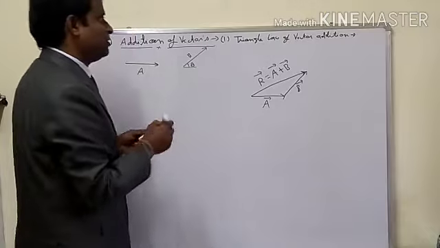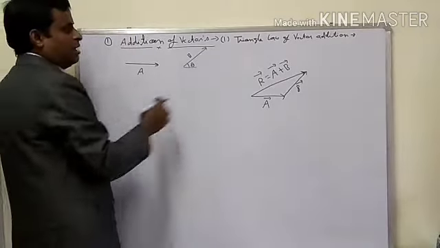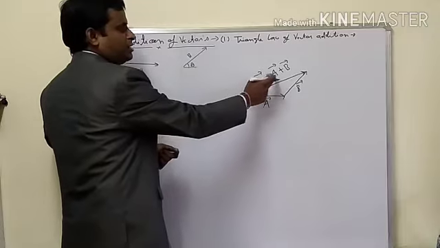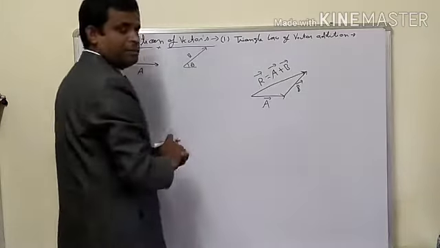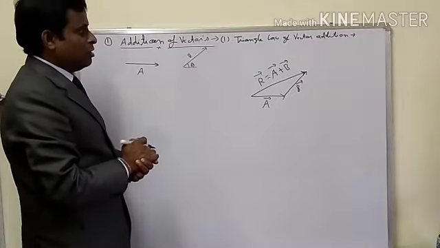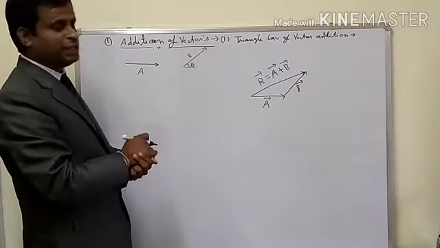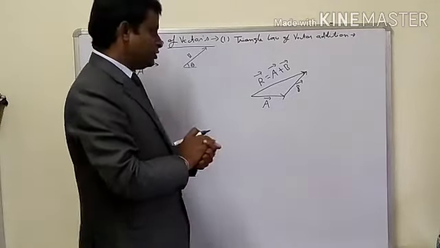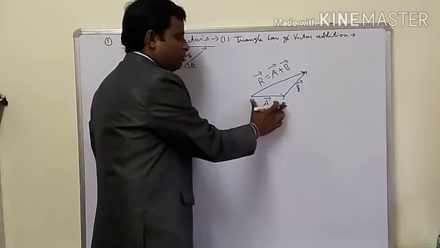Now the next thing is over here. This is the vector representation. R vector is equal to A vector plus B vector. Now I am going to explain how I will find the magnitude in this case. Do you know what the magnitude is?